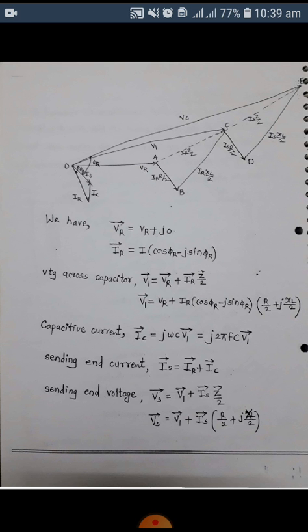Now to represent the receiving end current IR with respect to phi R, as we have connected the lagging load, therefore the current phasor lags the voltage by some angle which will be in between 0 to 90 degree, because we have assumed that there is an RL load. That IR is represented lagging to the phi R.